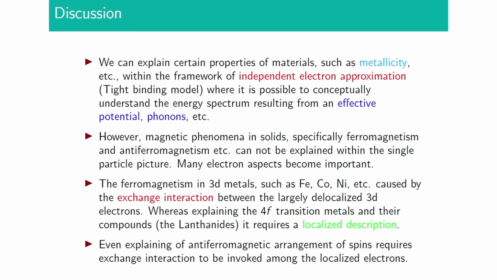Explaining the antiferromagnetic arrangement of spins also requires one to invoke the exchange interaction between the spins. The neighboring spins interact via a localized interaction. However, the actual interaction is not between the magnetic moments, it is actually between the electrons. The Coulomb interaction is responsible for inducing this exchange interaction between the spins.